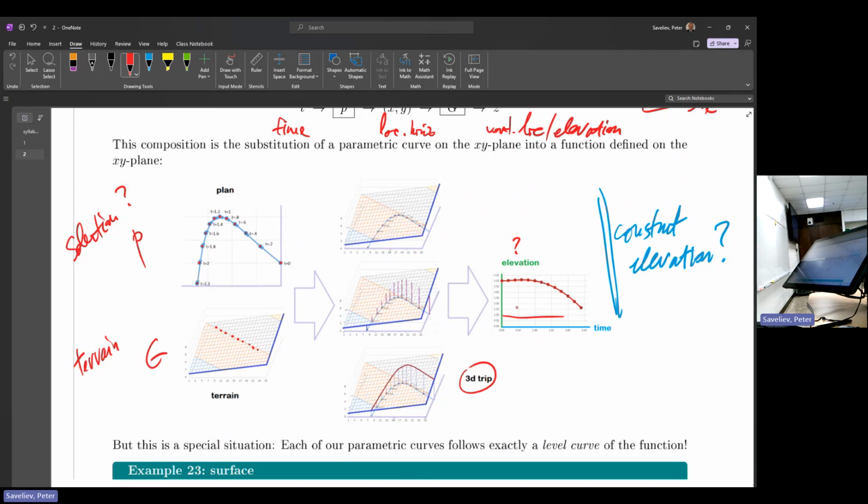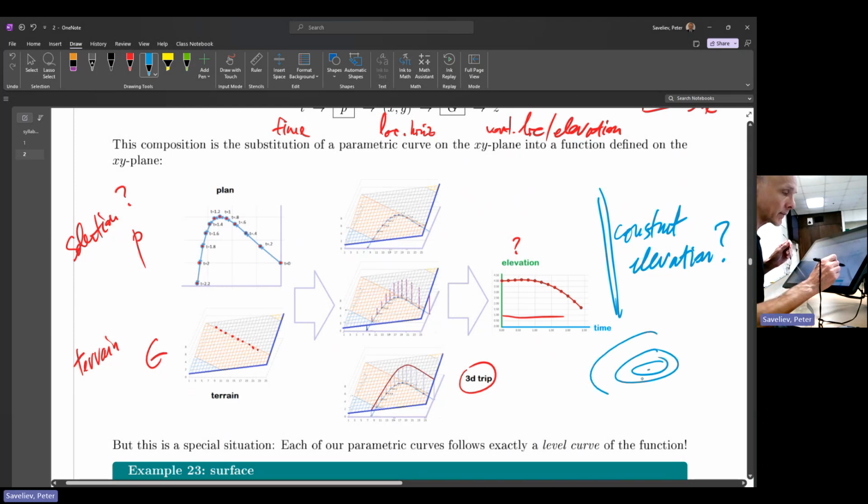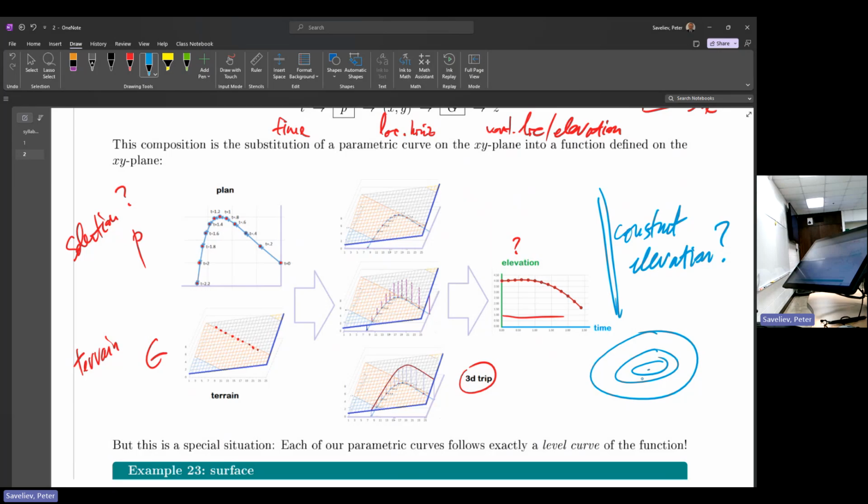So how did that work? Circles. Well, circles, curves, yeah, pretty much. They created a curve that was projected onto the map at a constant elevation. Correct. Yeah, so each curve is a curve of constant elevation. So they're literally called level curves.